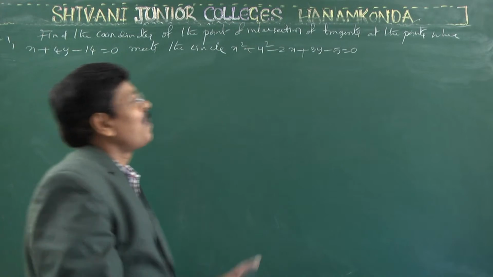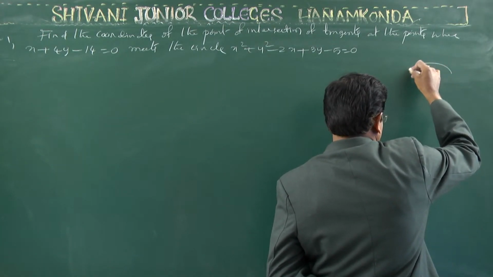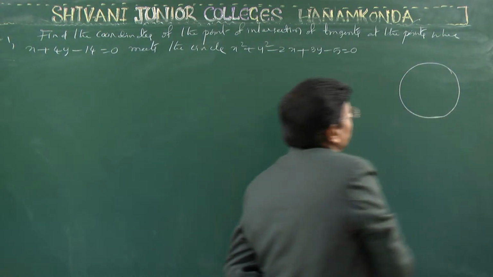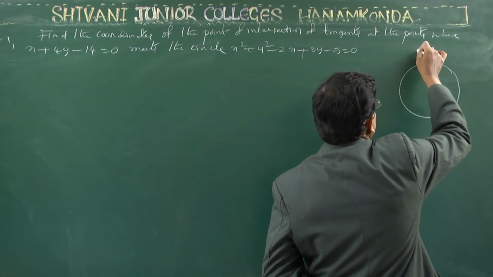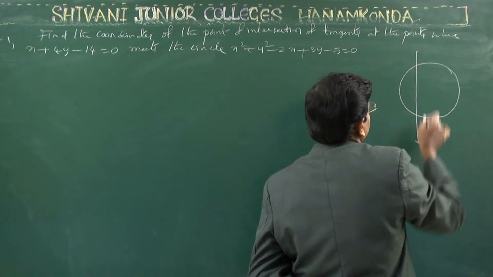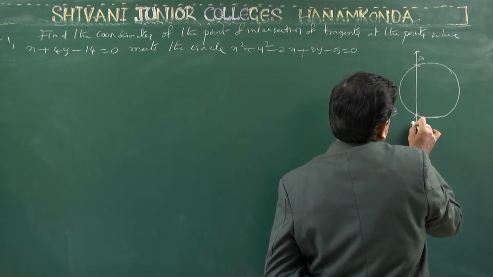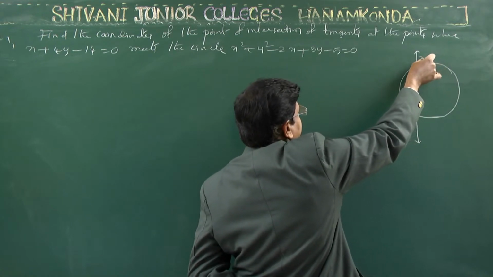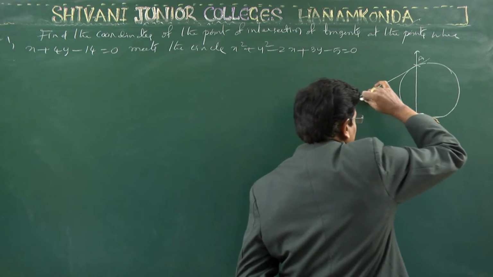Once again, first you can draw the circle. The line meets the circle in two distinct points. It is the given line. So the points are A and B. Next you can draw the tangents at the points, the endpoints of the chord.